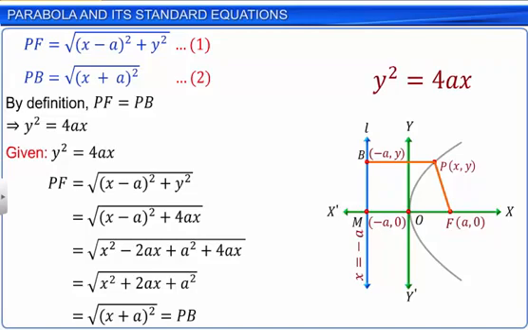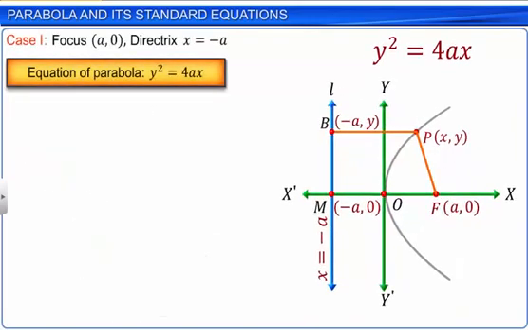Thus, the equation y square is equal to 4ax represents the parabola with the axis of symmetry along the x-axis, the vertex at the origin, the focus at (a, 0), and directrix x is equal to minus a.